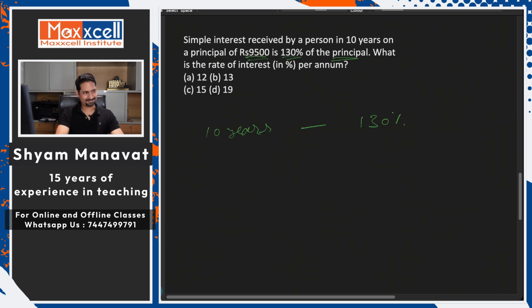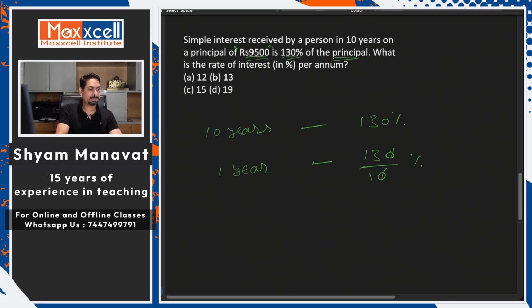Can we do that? Yes, of course. So, do we need this principal anymore? Think about it. Whether it is 9,500 or something else, in 10 years, if any principal is giving you returns of 130%, it means in 1 year it should be 130 by 10, right?